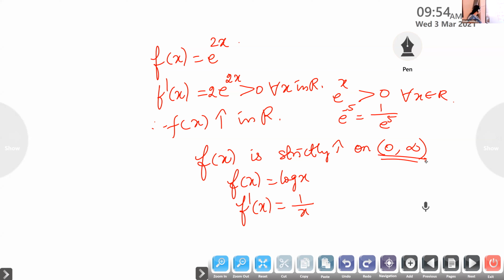The domain is 0 to infinity. x takes values only from 0 to infinity. So 1 by x is always greater than 0 when x belongs to the interval 0 to infinity. So f of x is increasing in the interval 0 to infinity. That is, log x is an increasing function.